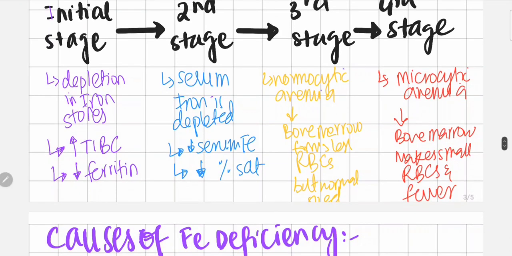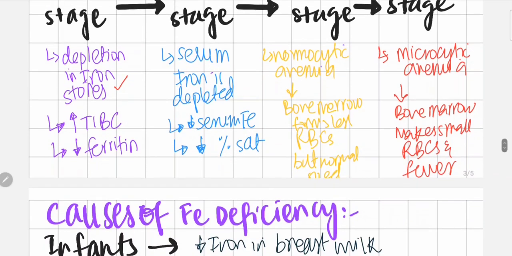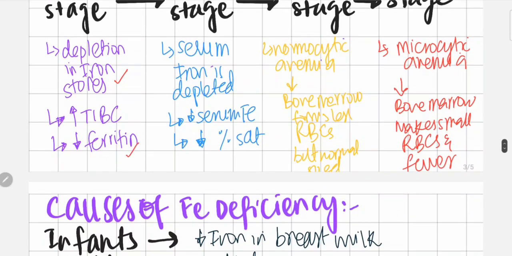So in the initial stage, only the iron stores are going to get depleted. So you see right here, ferritin decreases, but the TIBC increases, or it remains normal, you could say, because there is sufficient iron in the blood. That is why TIBC is normal. Only the storage pools are depleting.